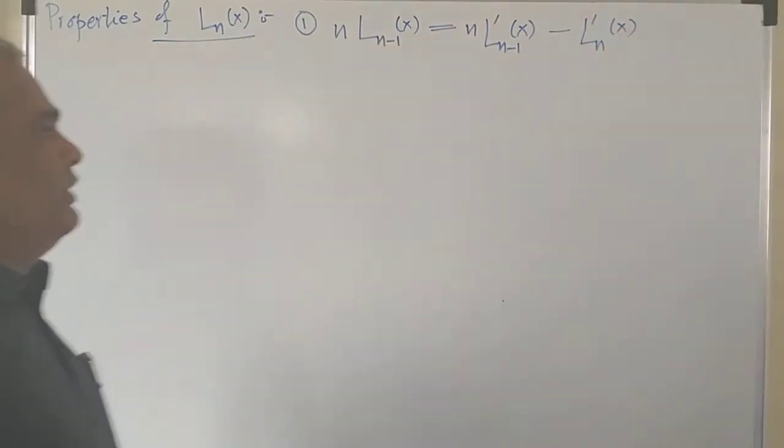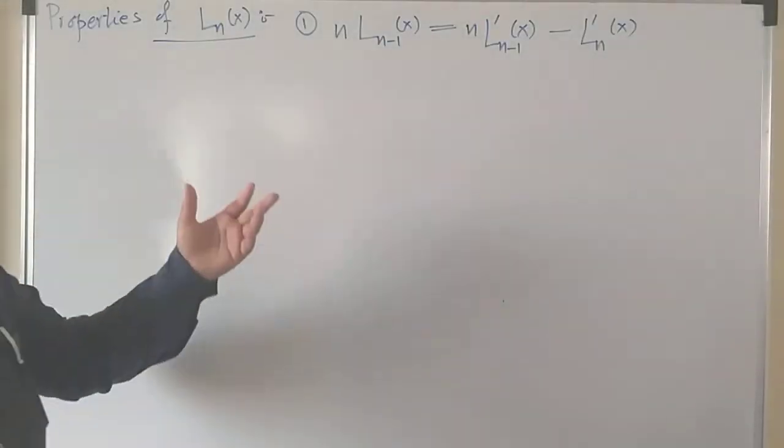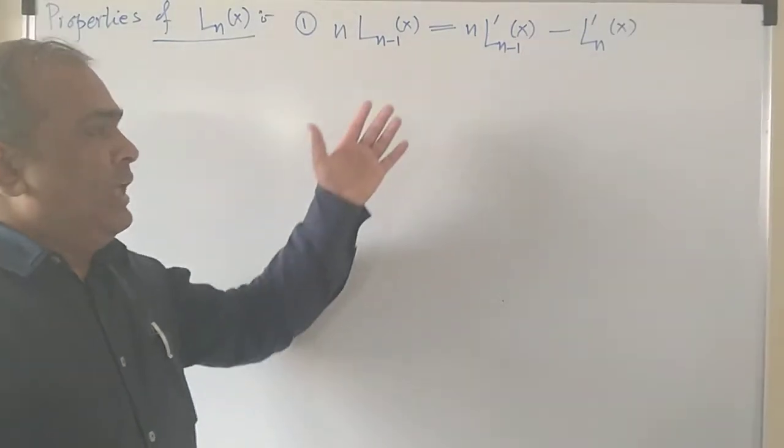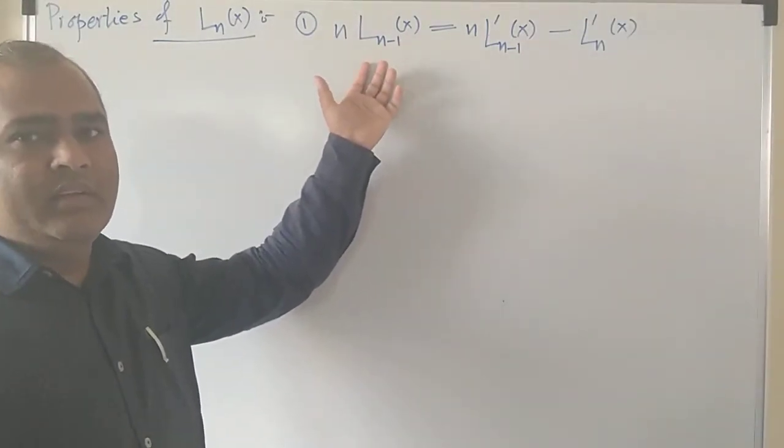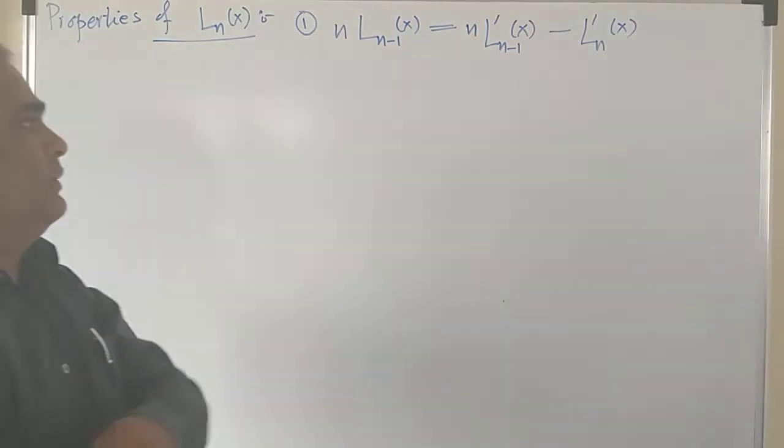This is the first property, and the second property will be always correlated with this, and that will be homework for you. You can do that.